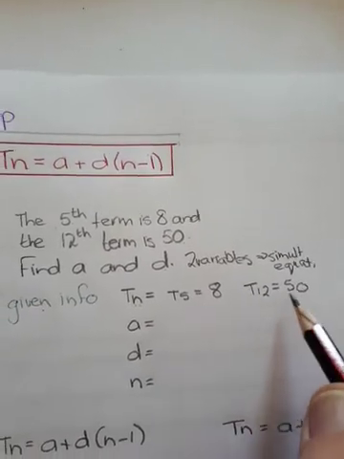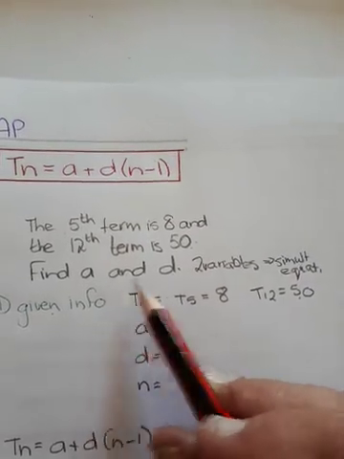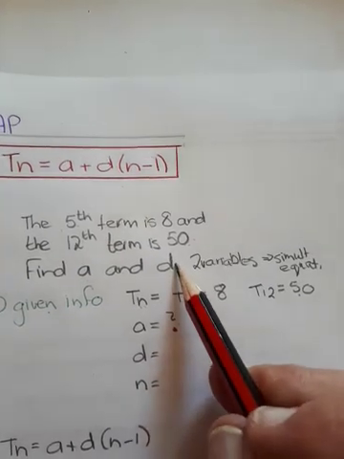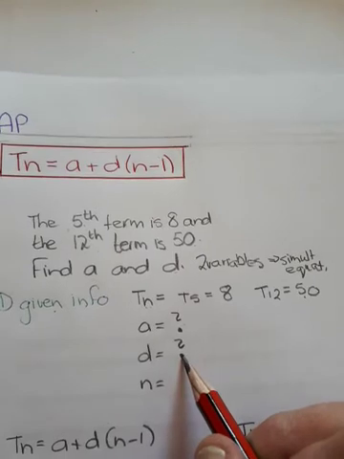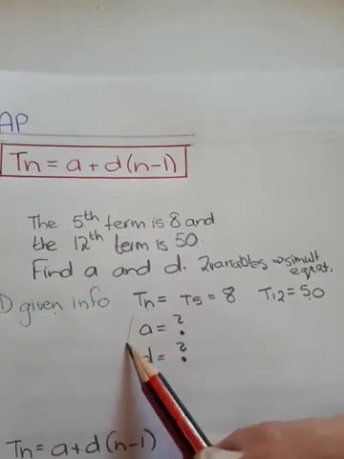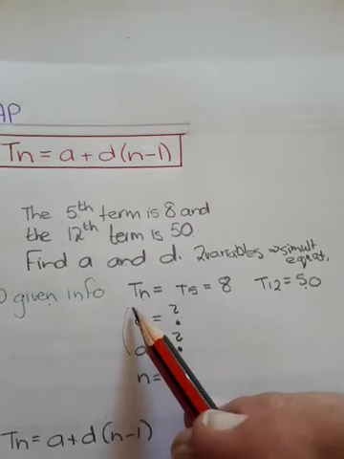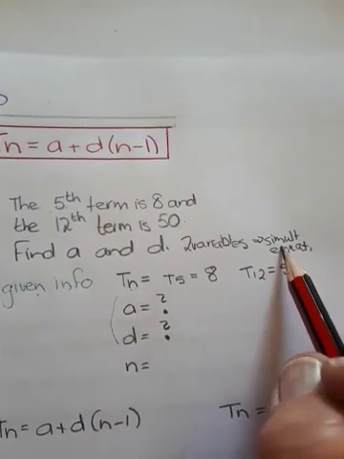This is already different. Then A is what is being asked, so that is a question mark. They also ask you D, so D is also a question mark. Once again, people, here it makes it clear that I've got 2 variables. And if I have 2 variables, my mind should go to simultaneous equations.